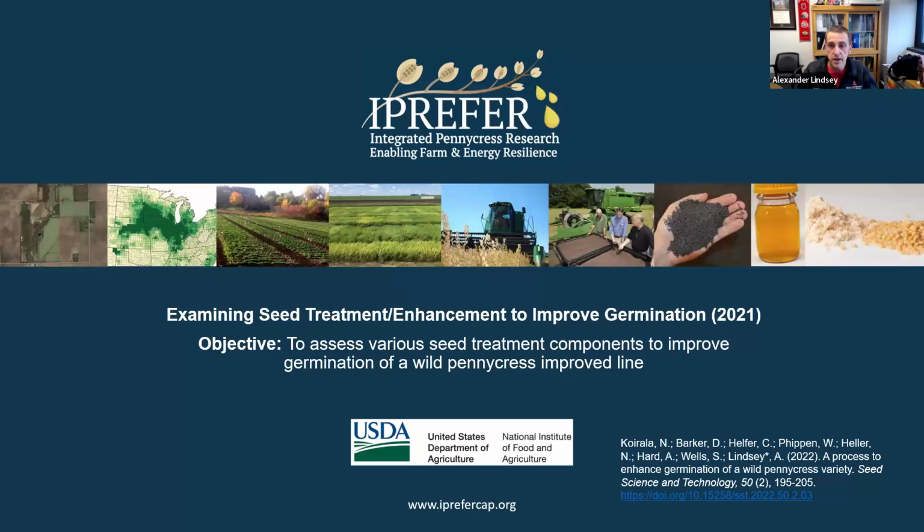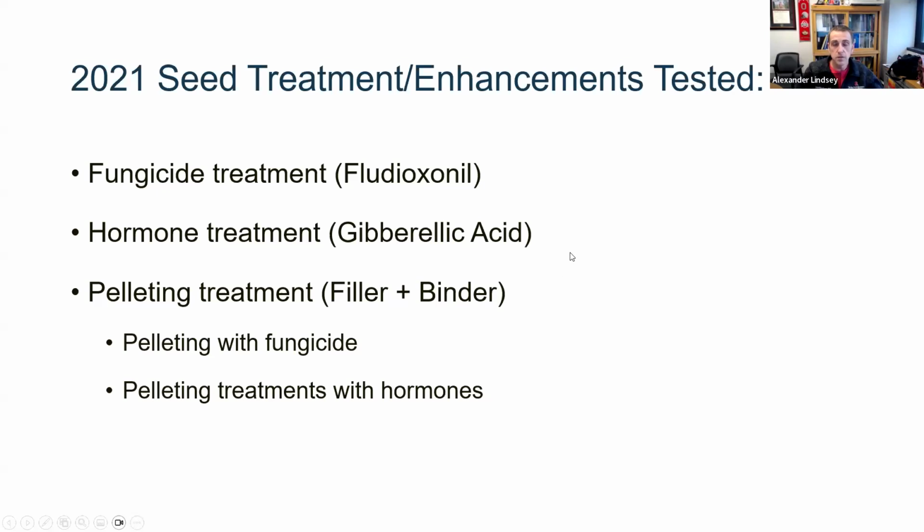So that moved us into our next phase, which was to see if seed treatments or enhancements improved germination in the wild type pennycress line. In this case, instead of just focusing on GA solution and peroxide, we added in a few different enhancements.